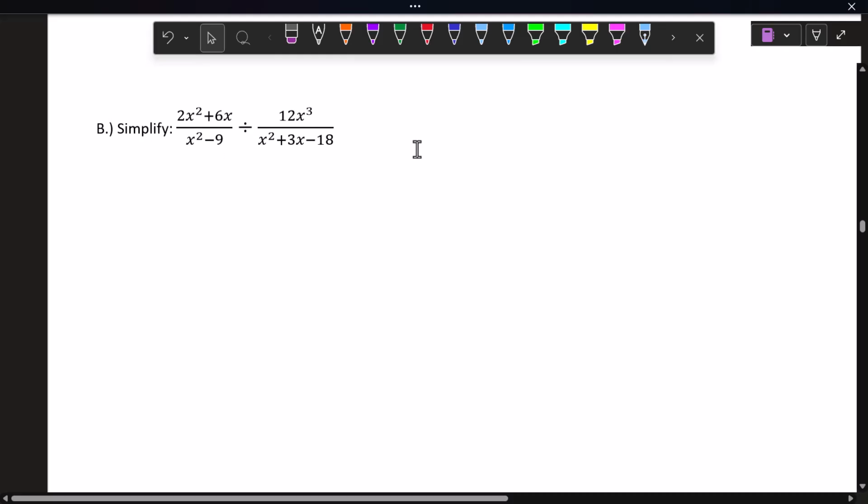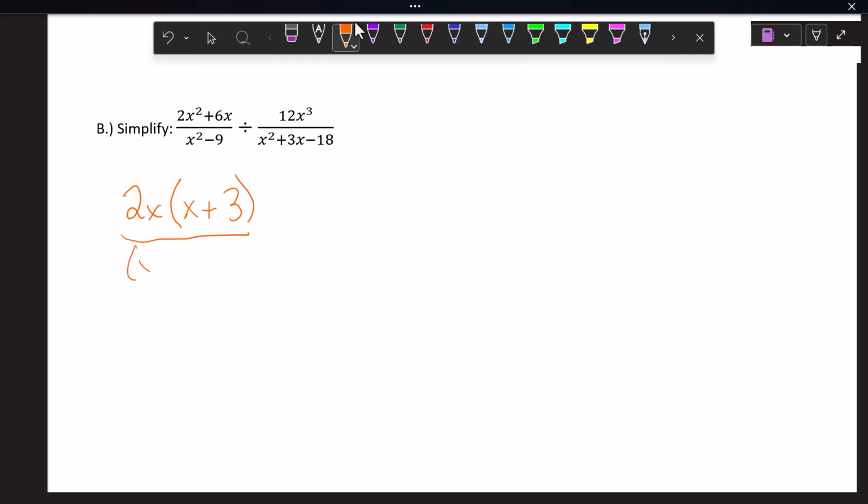Let's try another. So again, we start by factoring. I can take a 2x out of the first set. I'm left with x plus 3. I can do a difference of squares in the denominator. I'm going to keep a division for now. We got to make sure that we flip it later.